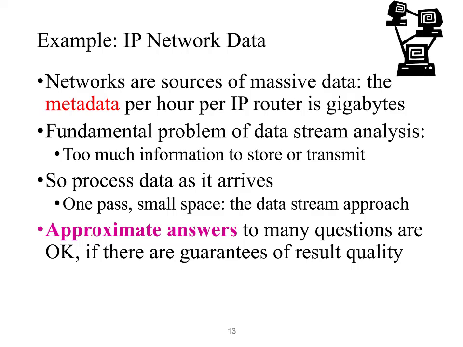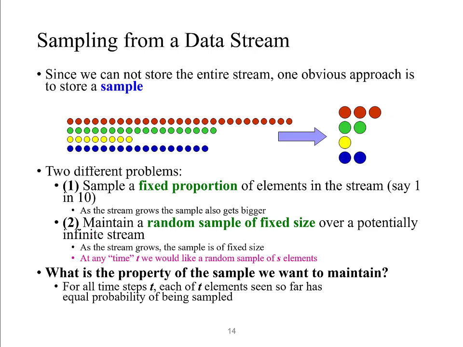From now on, we're going to look at specific problems in data stream management systems, along with the solutions. The first problem we're going to study is sampling from a data stream. The motivation for sampling from a data stream is simple.